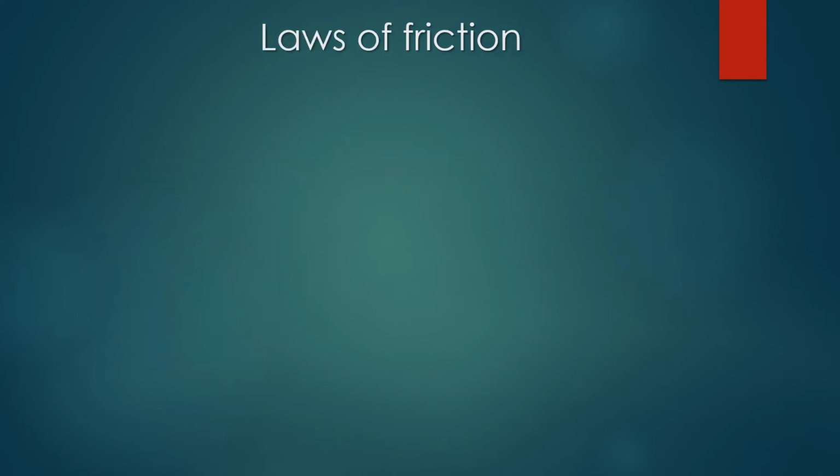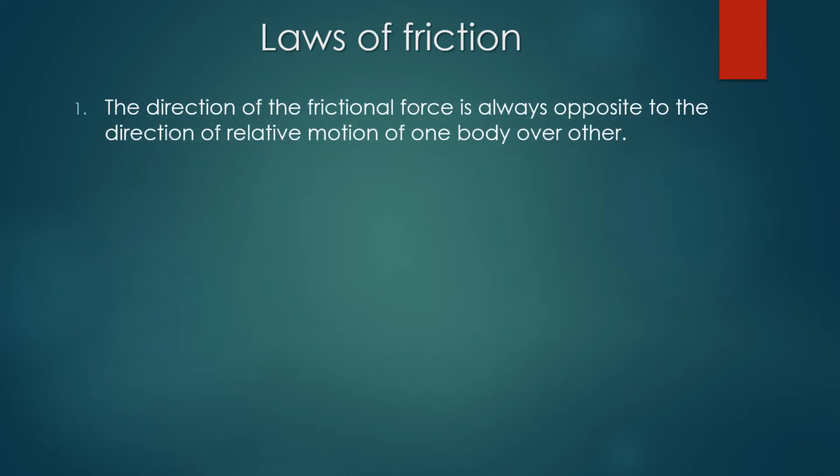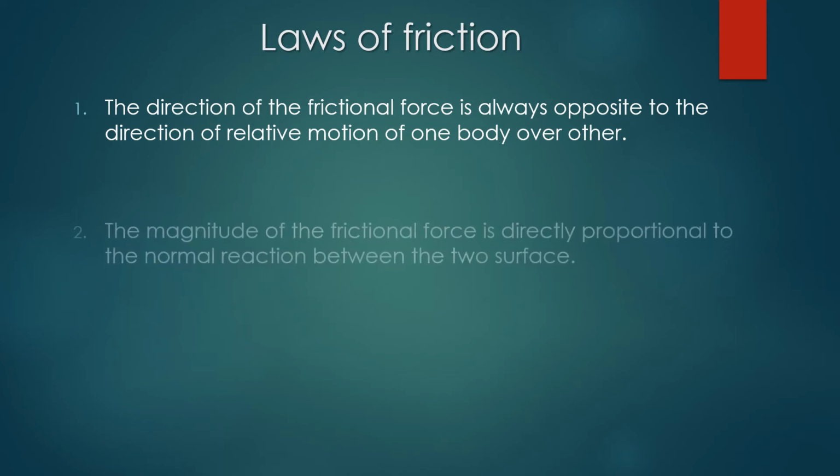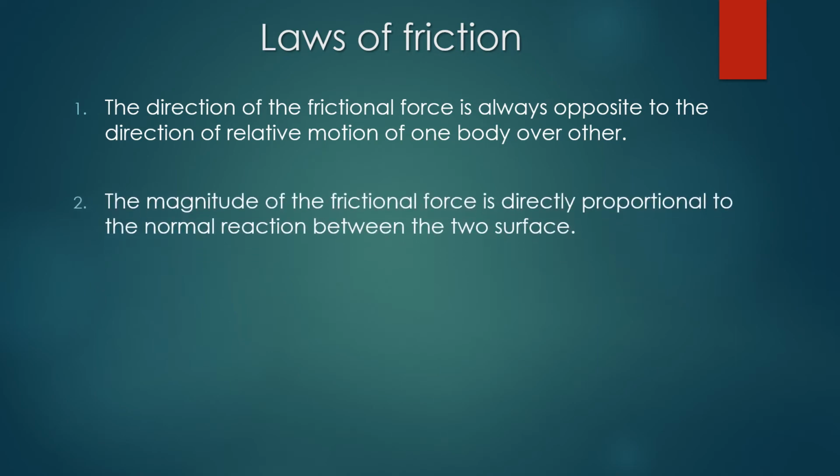Now we'll state the laws of friction. The first one is the direction of the frictional force is always opposite to the direction of relative motion of one body over the other. The second, the magnitude of the frictional force is directly proportional to the normal reaction between the two surfaces.